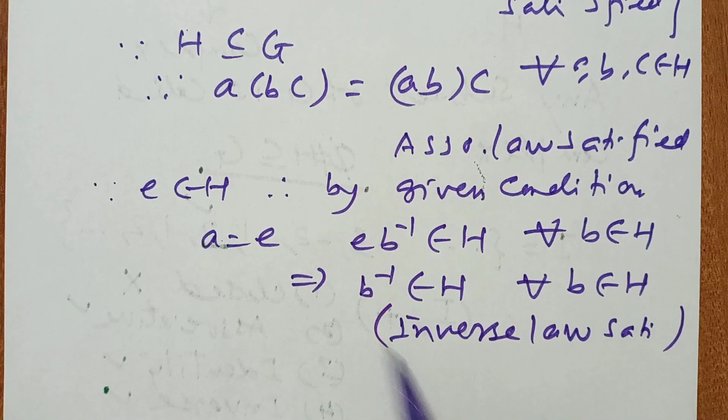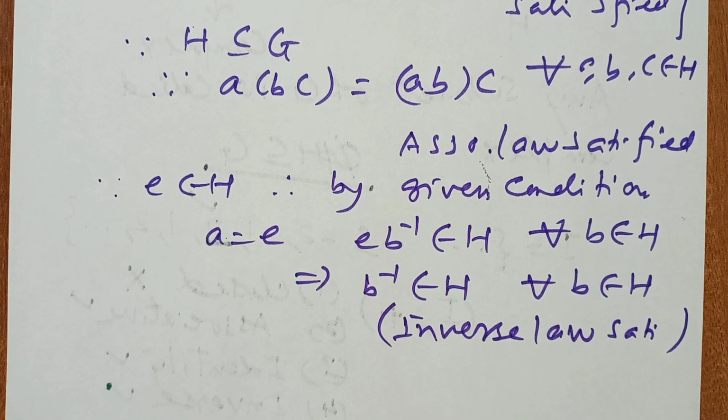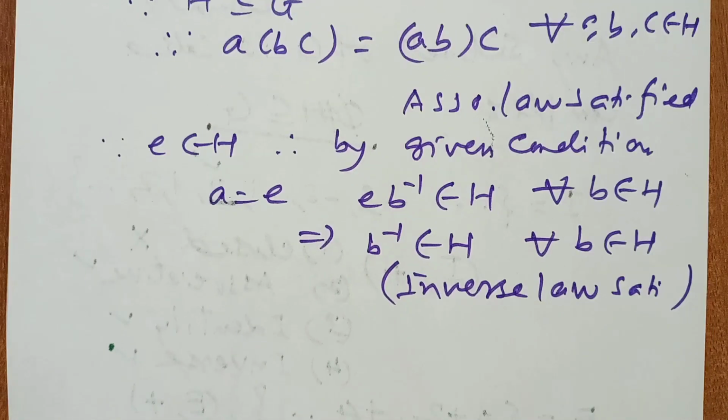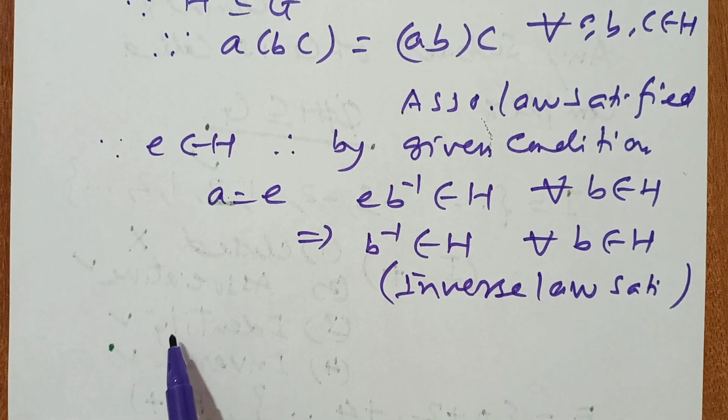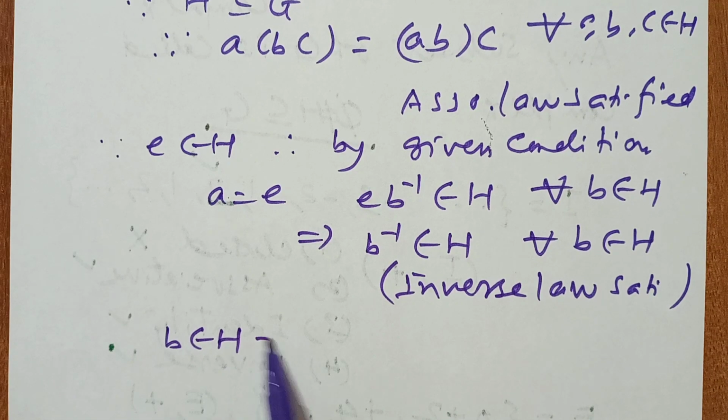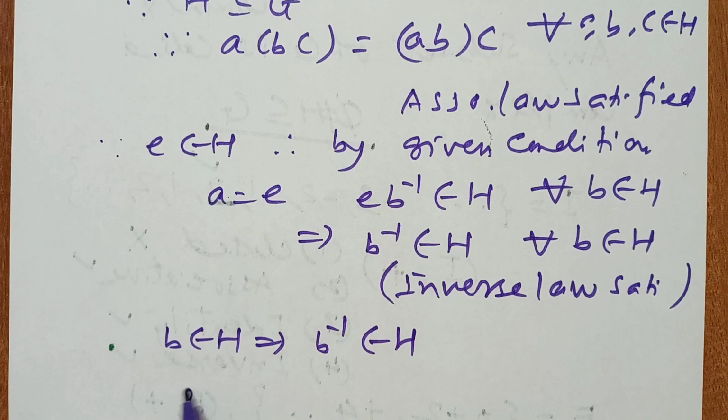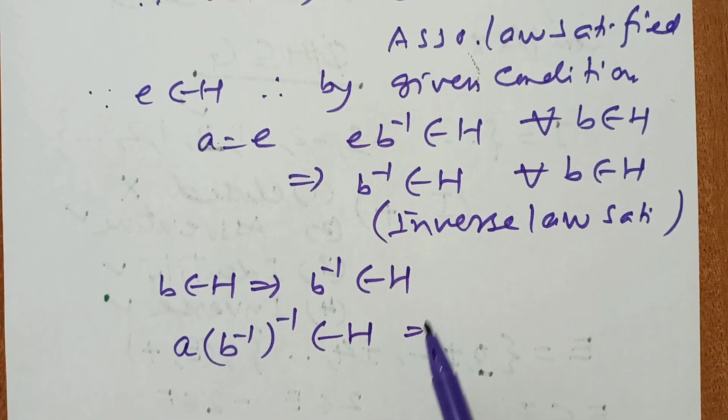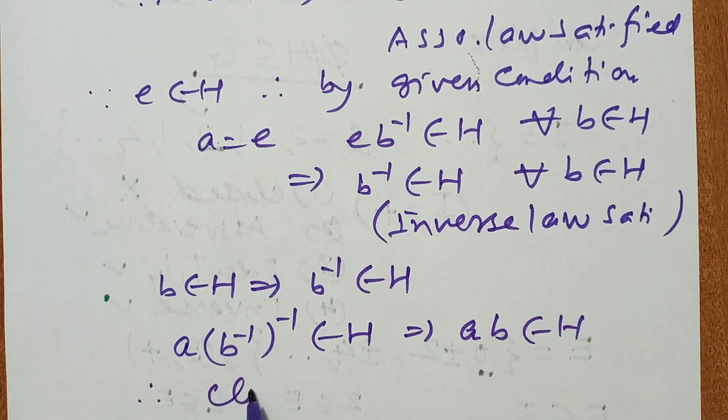Okay. Now we need closure. So see carefully. B belongs to H implies B inverse belongs to H. So in the given condition, A B inverse belongs to H, implies A (B inverse) inverse, that is A B, belongs to H. It means the closure law is satisfied.